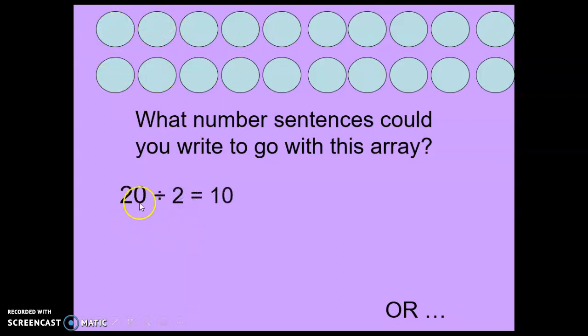So our number sentences could be 20, because that's our total, into groups of 2. We've got 10 of them. And then we can also look across, we've got 20 into groups of 10, and we've only got 2 of them.